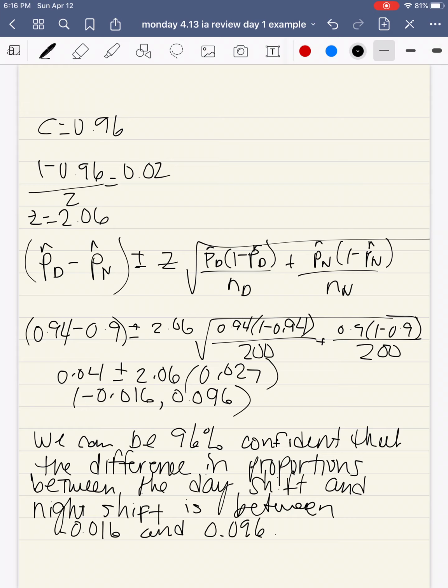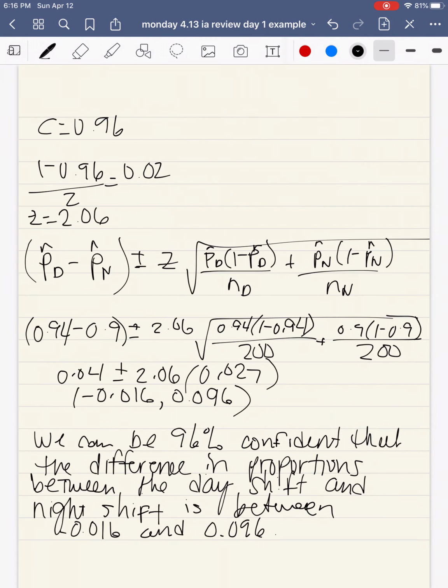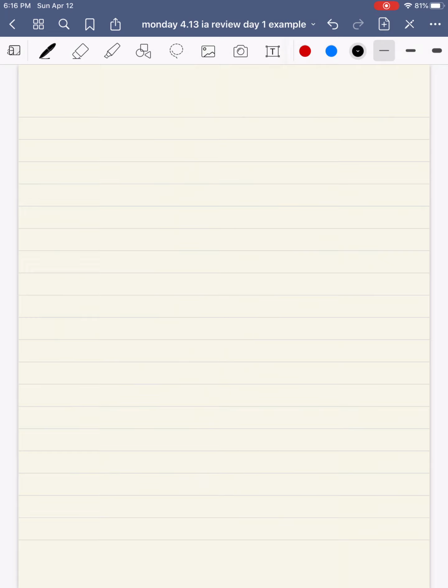So we don't have evidence to say that there is a significant difference between these two shifts.